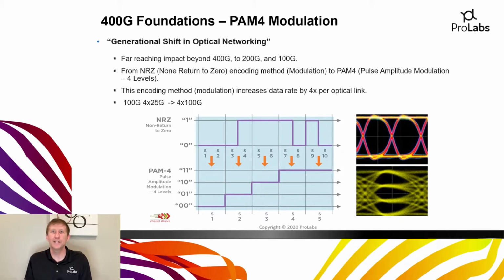You can see by the eye diagrams on the right-hand side of the slide that you can see both steps in an NRZ eye diagram on top, and at the bottom you can see all four steps in the PAM4 eye diagram. So again, this is going to be a fundamental shift in how transceivers are deployed for 400 gig, and as you look to the applications of the aggregation and breakouts, and how everything rolls from the edge into the core. So we'll get into all those in our application section.